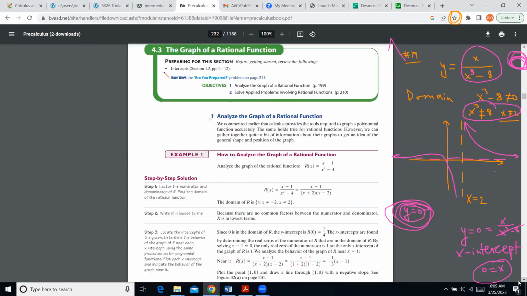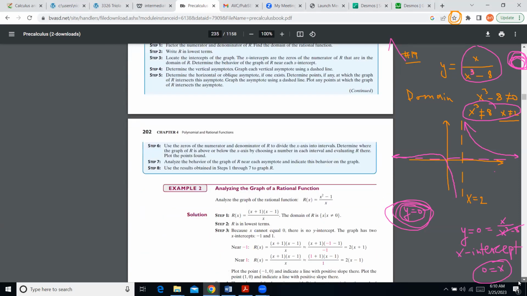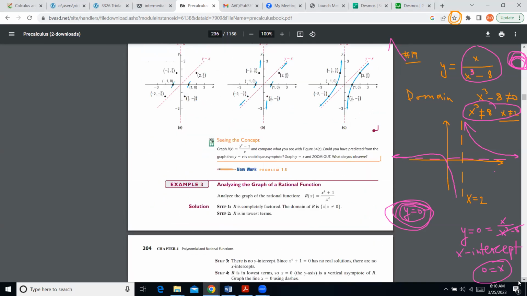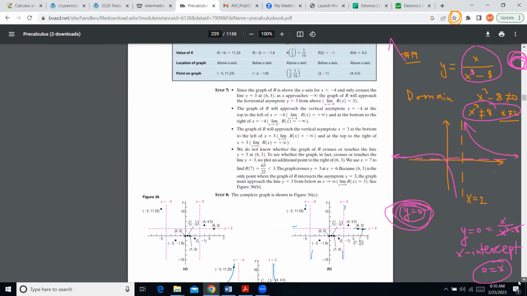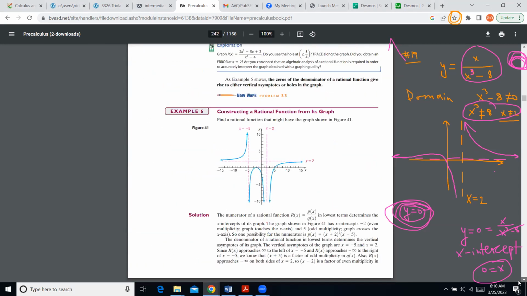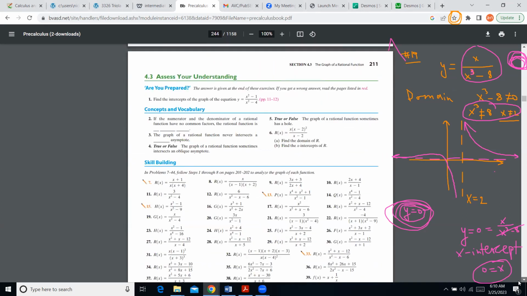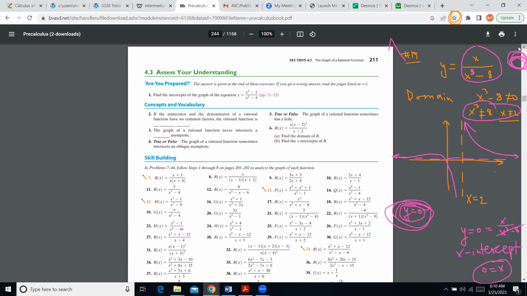So I can show you the next section that actually deals with these asymptotes and graphing of functions as well. So it turns out that talking about section 2 of chapter 4, I'm also talking about section 3 of chapter 4. You can see exactly the same exercises in both of these sections.